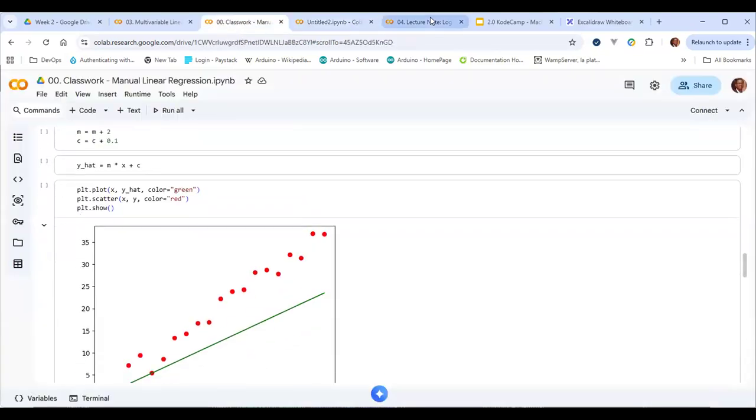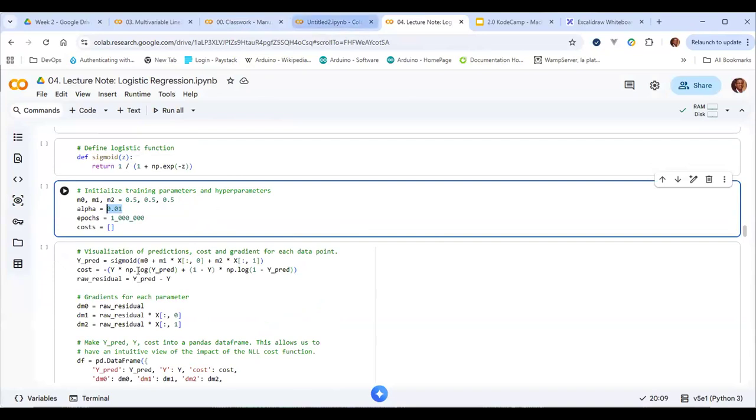But the point I was trying to make was we were doing them separately. Here in the lecture notes, you will see that we had M0, M1, M2. Instead of using C, I used M0 for the coefficient that doesn't have any independent variable, basically the constant.